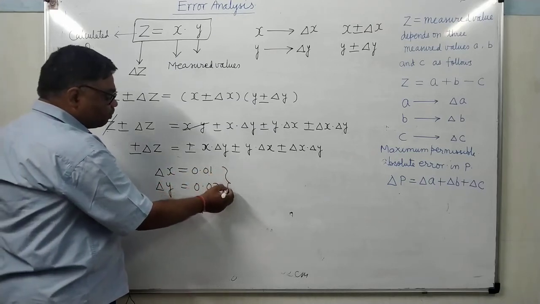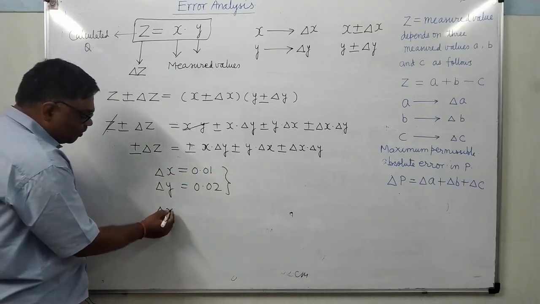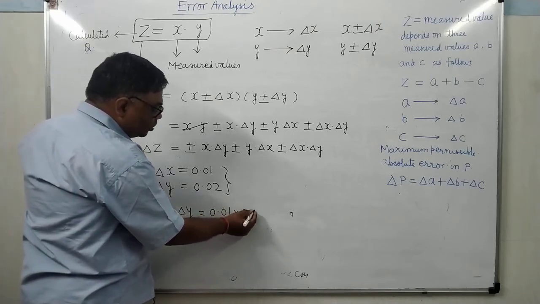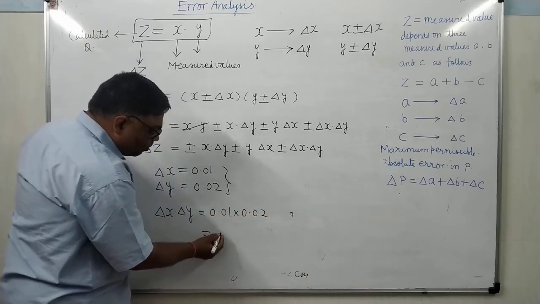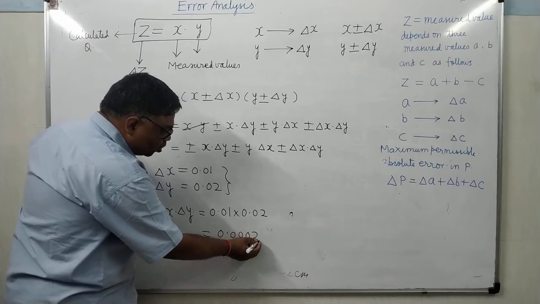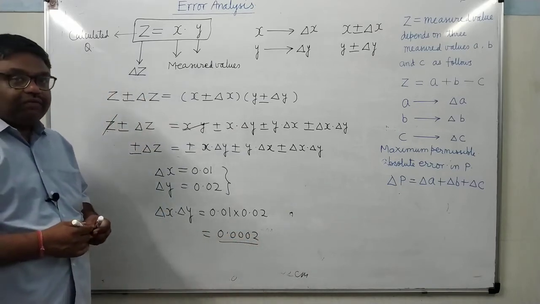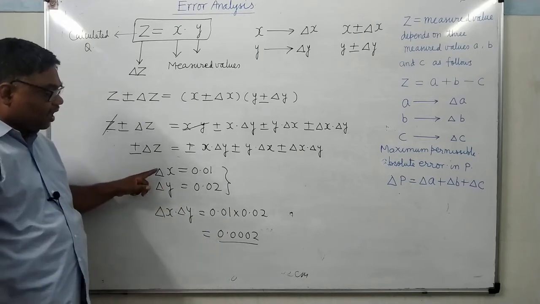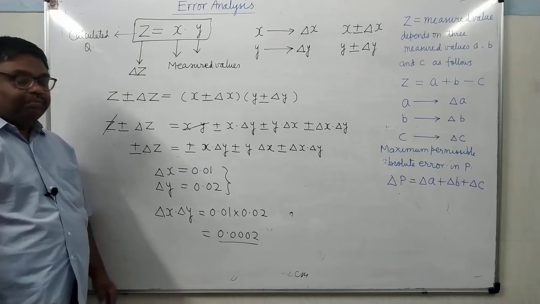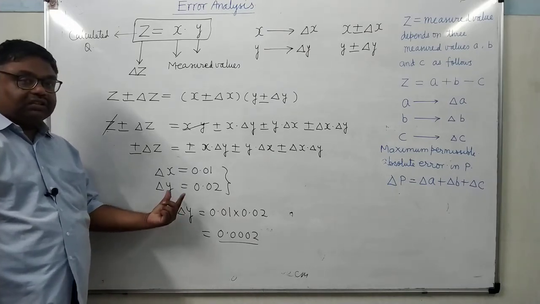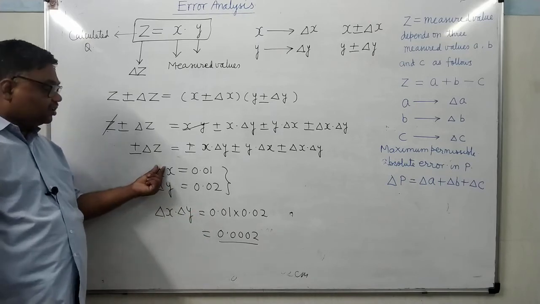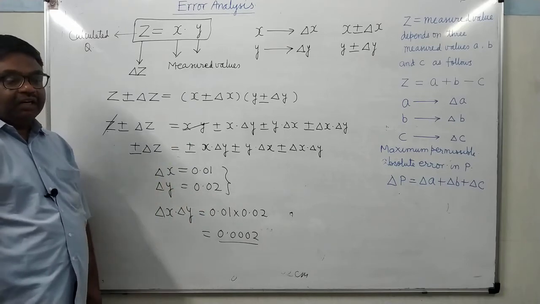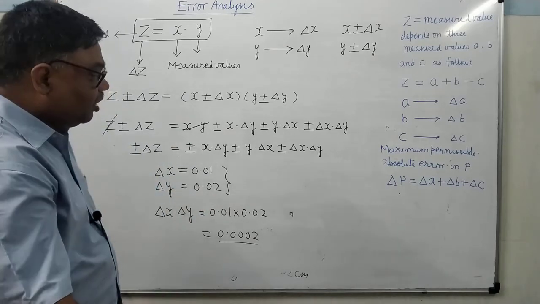When you find the product delta X into delta Y, 0.01 into 0.02 becomes 0.0002, which means this product is very small. The product of these two absolute errors is very small as compared to the absolute errors. Therefore, this product can be neglected because of its smallness.